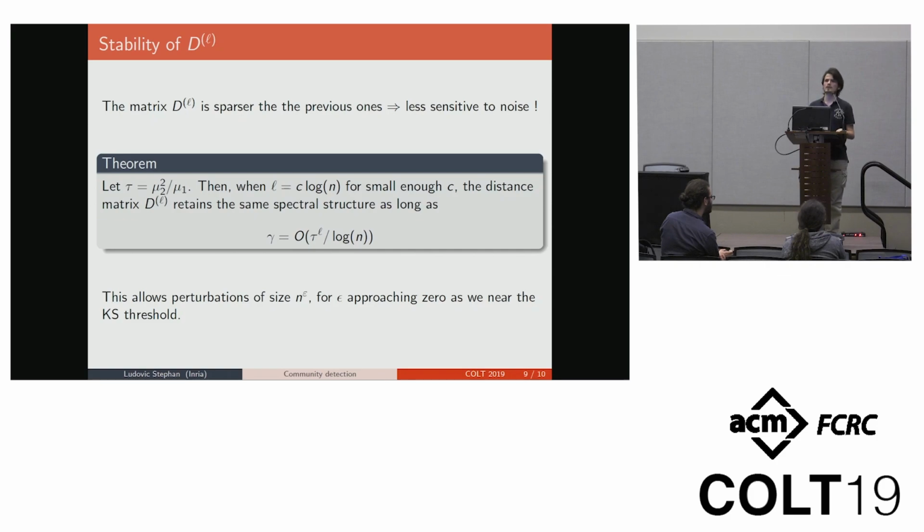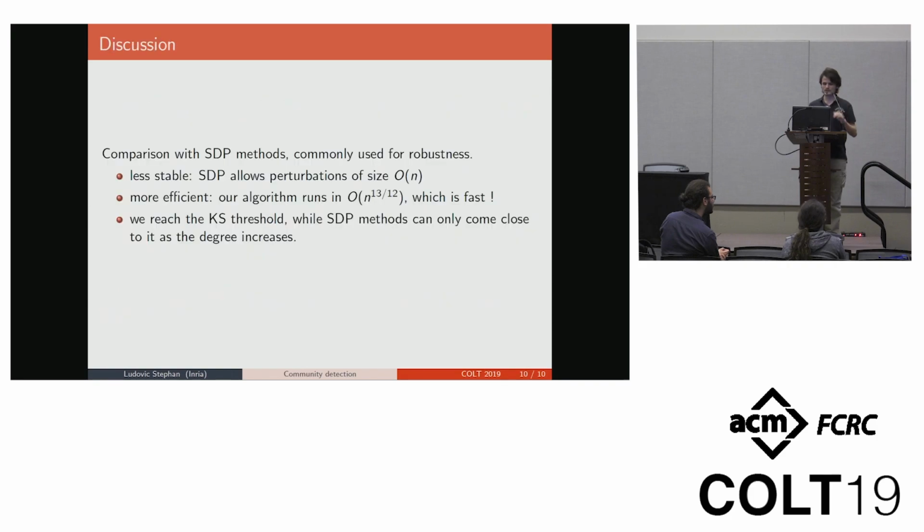And since tau is larger than 1, we see that we can allow perturbations of size n to the epsilon. For epsilon, unfortunately, approaching 0 as we near the Kesten-Stigum threshold, since tau will go to 1 as we near the threshold.